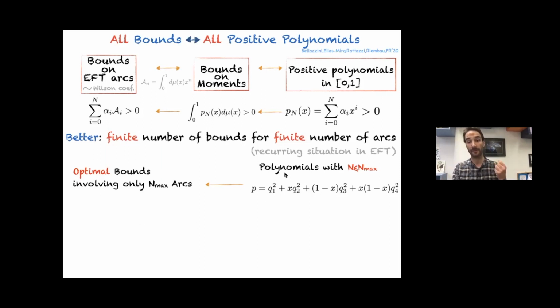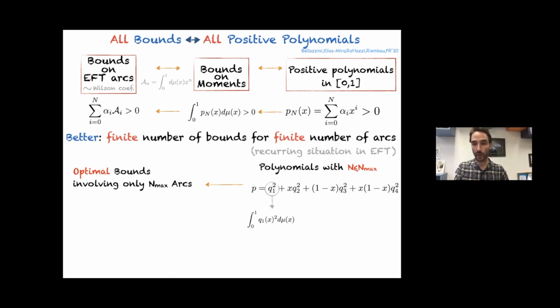These are found by taking all positive polynomials between 0 and 1 with a given order, so of order at most x to the n, with n smaller than some n max. The most general such polynomial will give me optimal bounds which involve only a finite number of arcs. It turns out the most general polynomial of this kind can be written in this beautiful form.